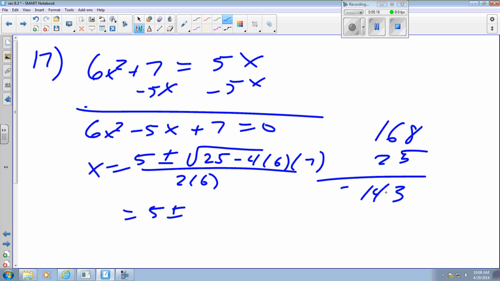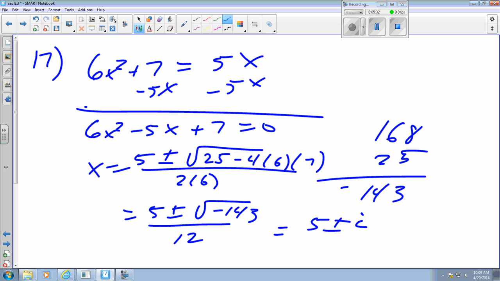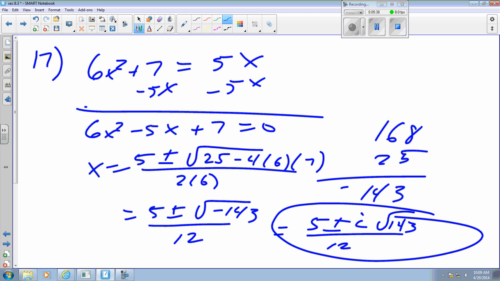So, I don't think that can be factored because that's 13 times 11. Both of those are prime. So I'm going to say square root of negative 143 over 12. Oh yeah, there's something I can simplify. I'm going to bring that negative out. So I have i square root of 143 over 12. Got to remember to bring the i out if there's a negative there. Number 18.